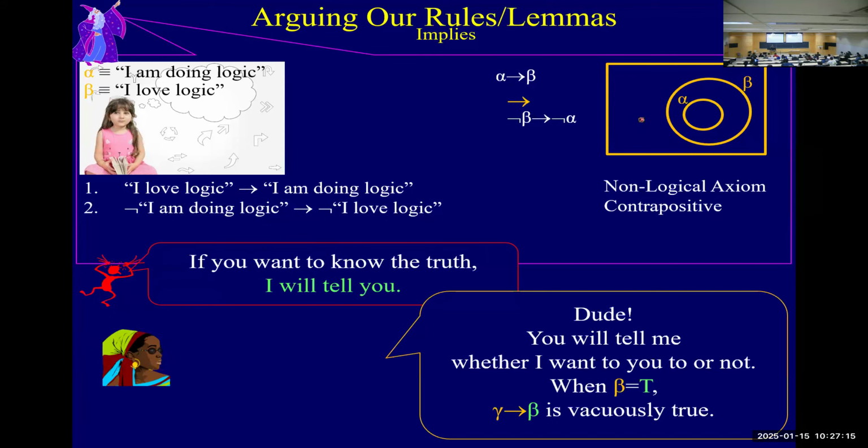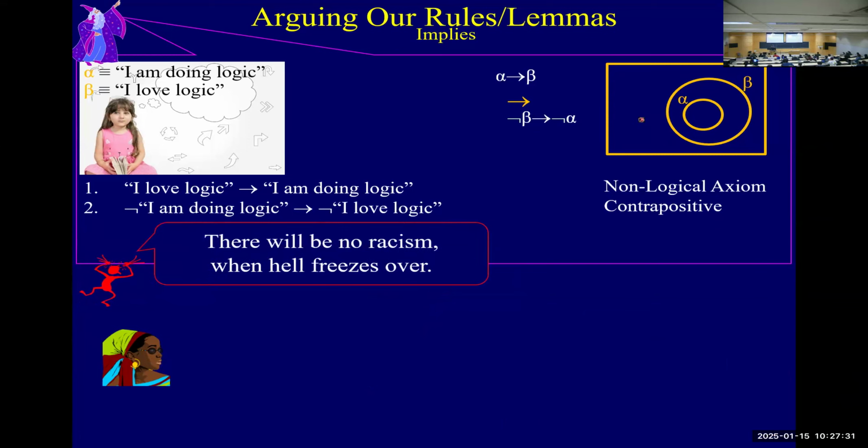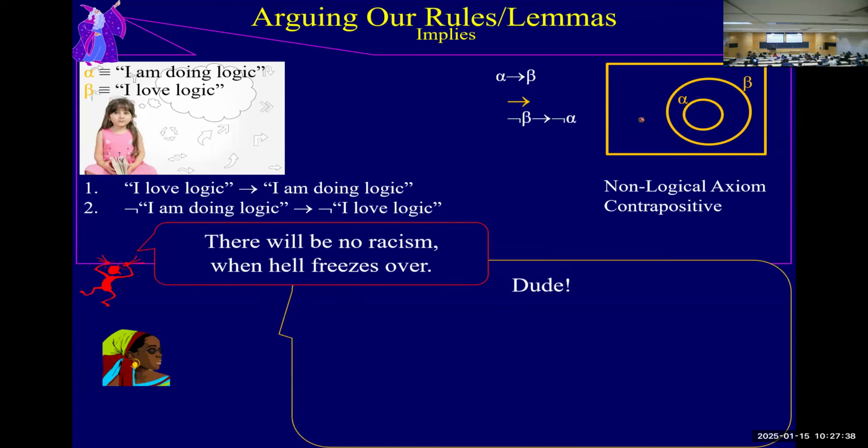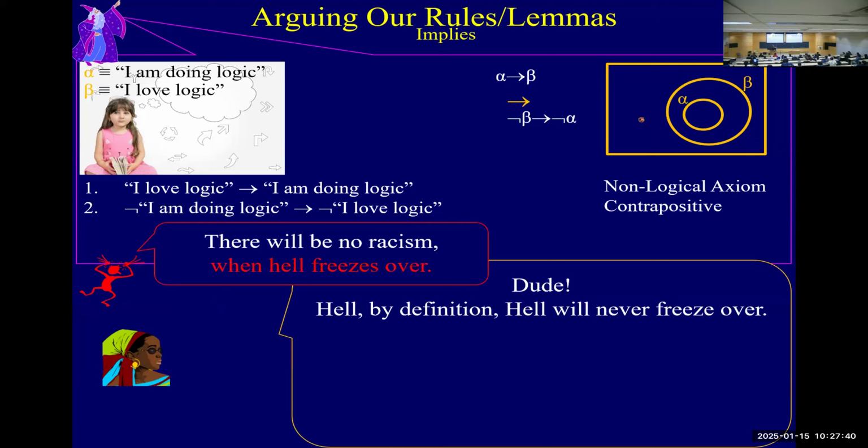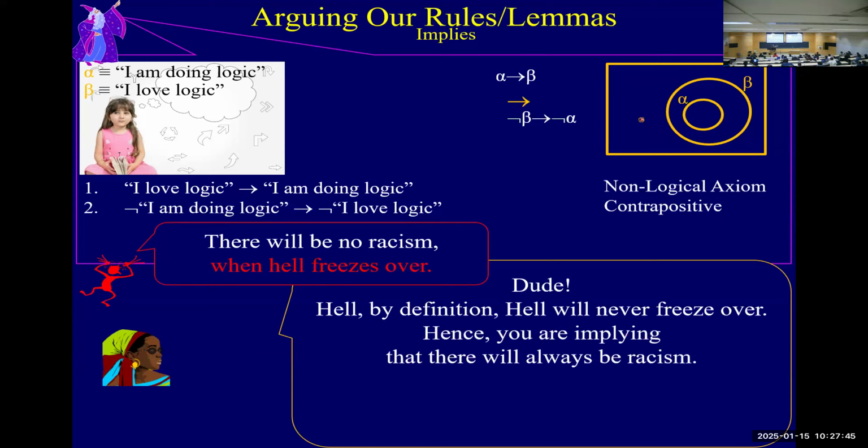We're building up to this: if the statement gamma implies beta, it's true if beta is true, then we're good. Doesn't matter about the first. Here's another one. If I say there'll be no racism when hell freezes over, well, the implication is that hell's never going to freeze over, so there will always be racism.